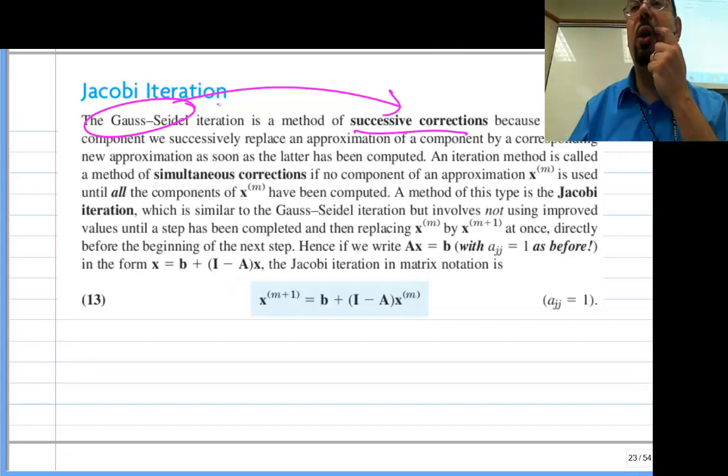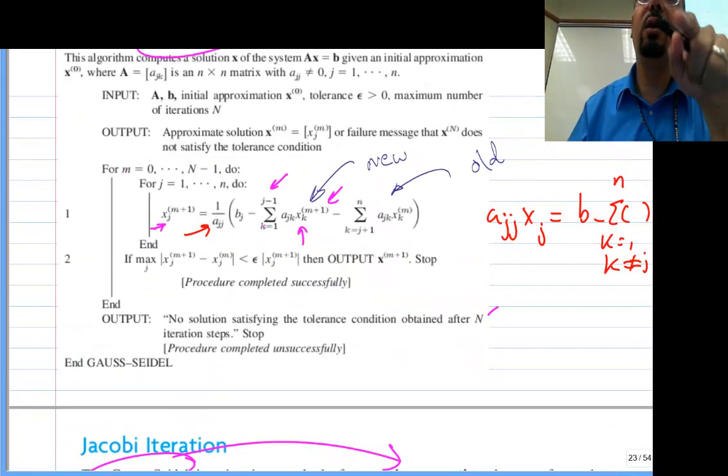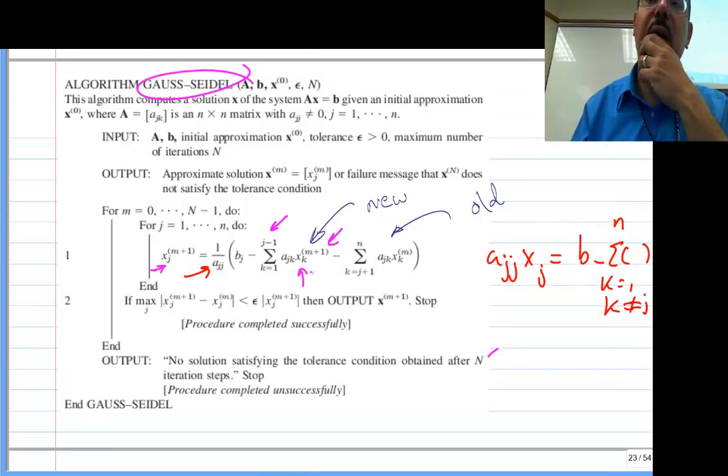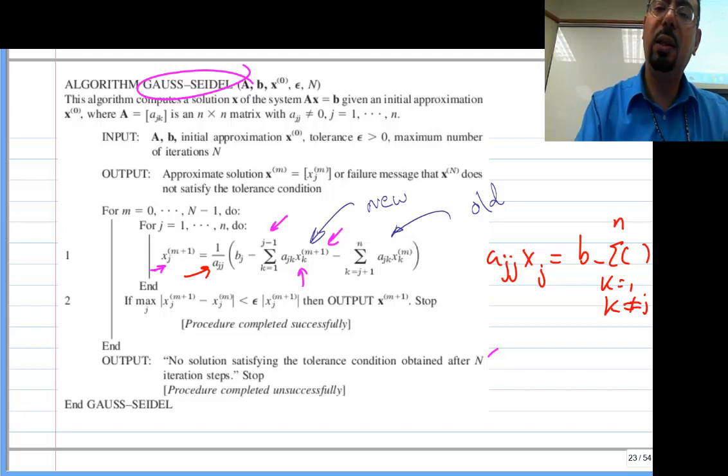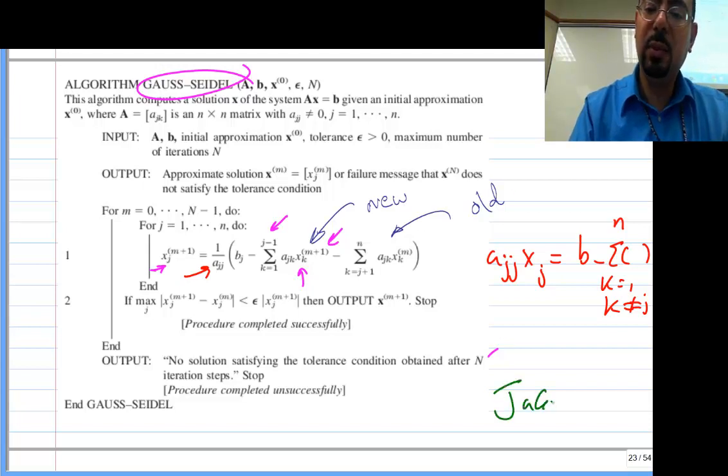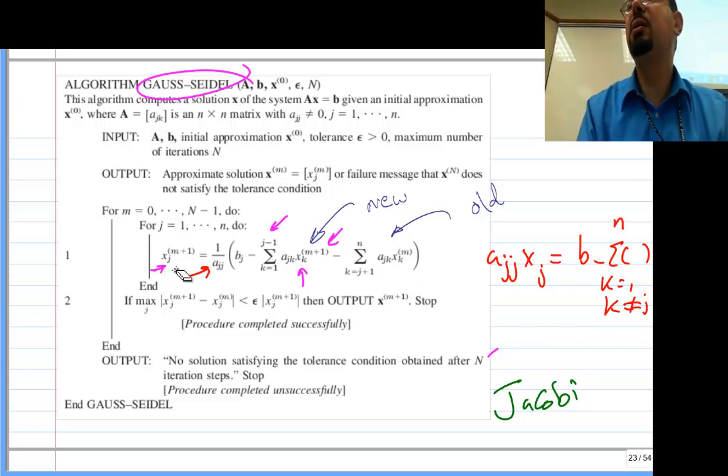Okay? So how would the Jacobi method look like in here? The one that doesn't have updating. This formula will just be missing the m plus 1.